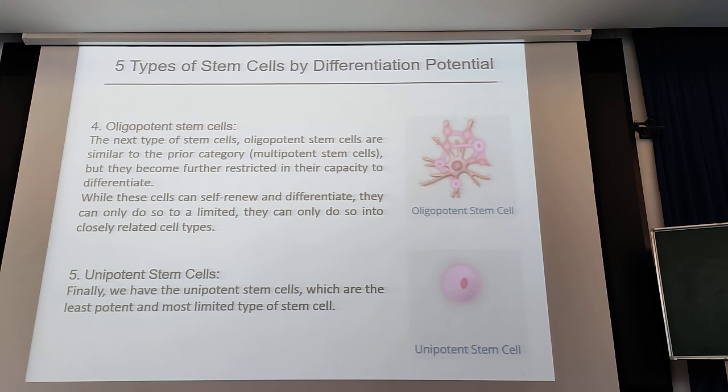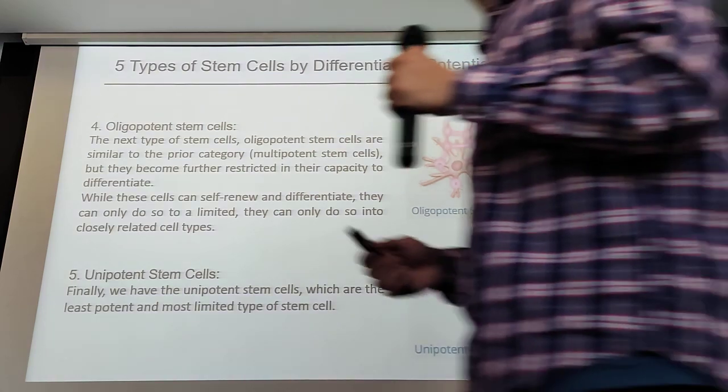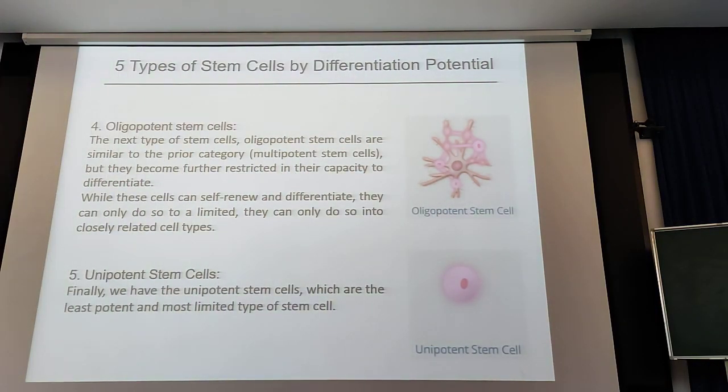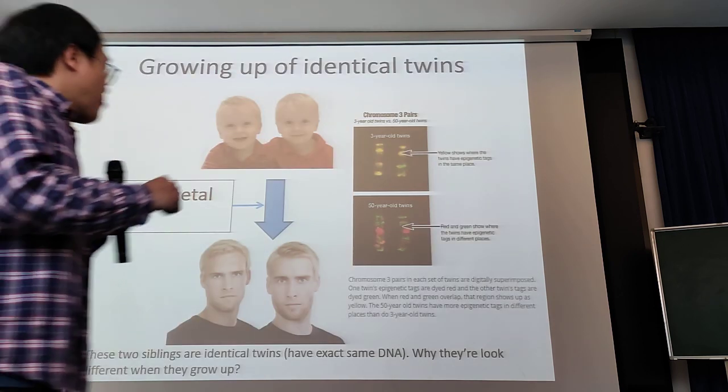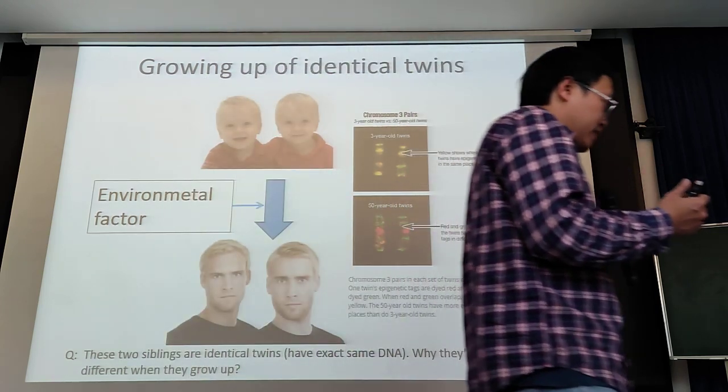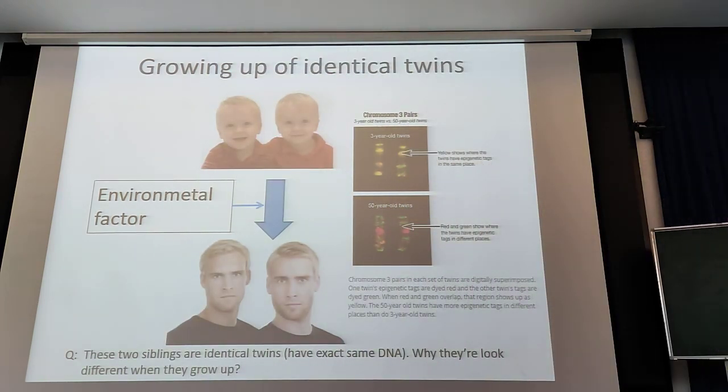But when they grow up, especially over the age of 30 or 40, we can easily distinguish which one is which, right? You see this fact? So, during development, when we study monozygotic twins, we see that they really look alike when they were born.